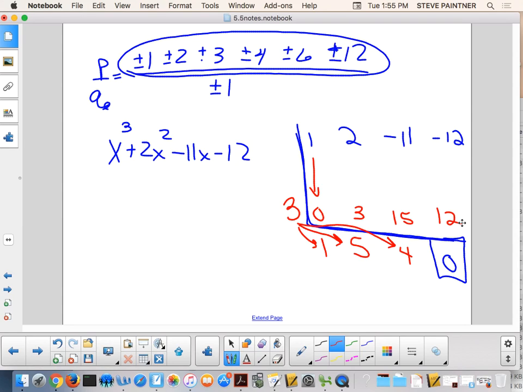Guys, I asked 6 groups to try a number. Finally, some groups said 3 works and 3 does work. So 3, being that it is a 0, it actually comes from a factor what? It factors into a quadratic, x squared plus 5x minus 4, equals 0.